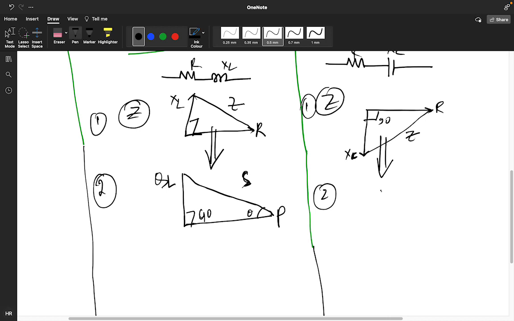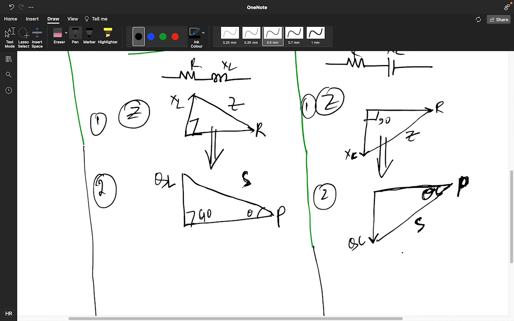Here also you have to follow the same as the resistance diagram. So R will become P, XC will become QC, Z will become S, and theta will be this.